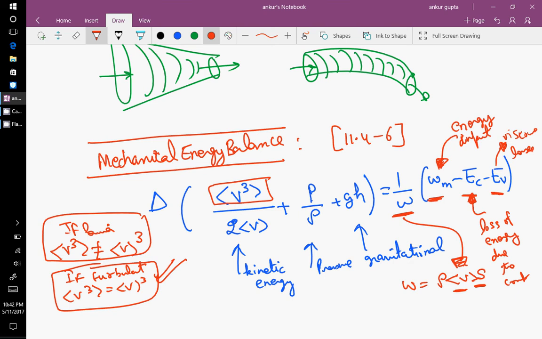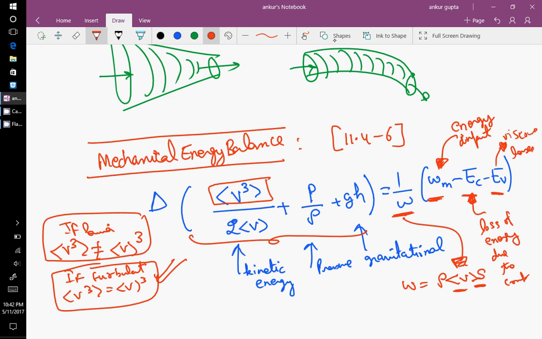I'm not going to be elaborating on this, but I hope you can understand based on lectures that if at point 2 in my system I have less energy than point 1, by energy I mean the sum of mechanical energy, then the net right hand side here will be negative, because if 2 is less than 1, then delta will become negative.